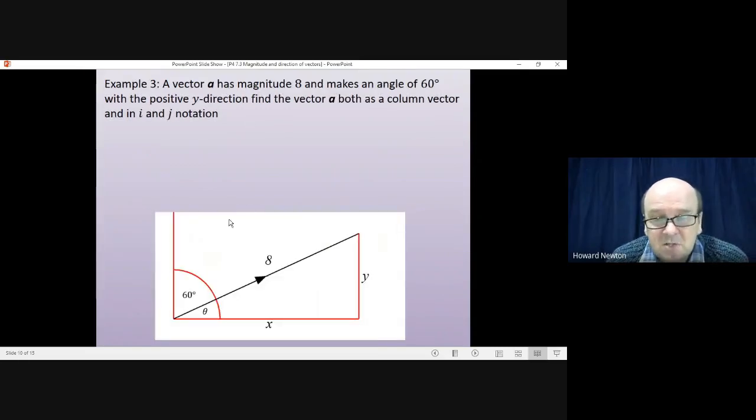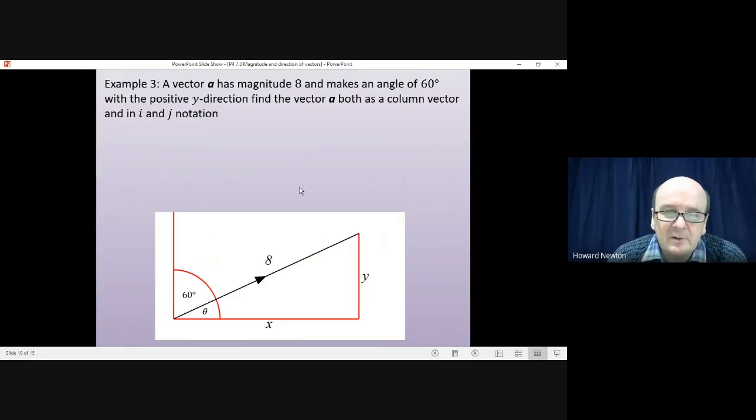So drawing a sketch, there's the vector, it's got magnitude 8, and we're told that it makes an angle of 60 degrees with the positive y direction. And we'll be using trigonometry to work out what x and y are. I'll let you see if you can make sense of that yourself. So pause the video, have a go, and then come back to me when you're ready.